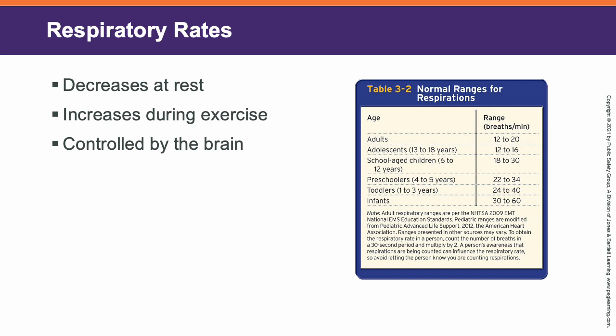As you'll notice, in younger populations, the respiratory rate increases. It is very normal for kids to have a very high respiratory rate, even at rest. So make sure you understand that. That will help you as a first aid provider, especially when you're treating younger people.